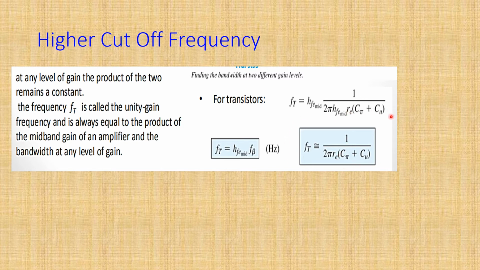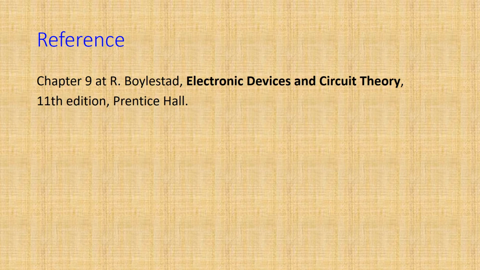This will be very helpful for performing the overall analysis of the system in terms of gain and the frequency range. Reference: chapter 9 of Boylestad, Electronic Devices and Circuit Theory, 11th edition, Prentice Hall.